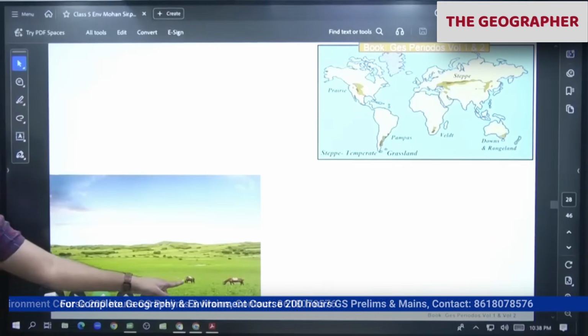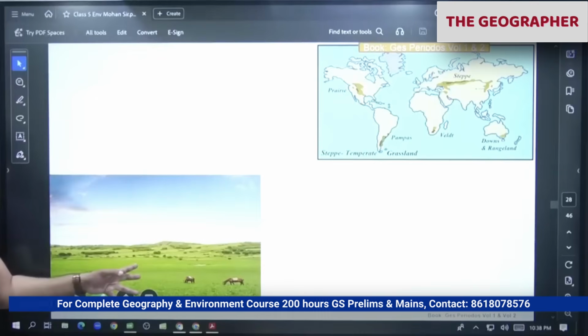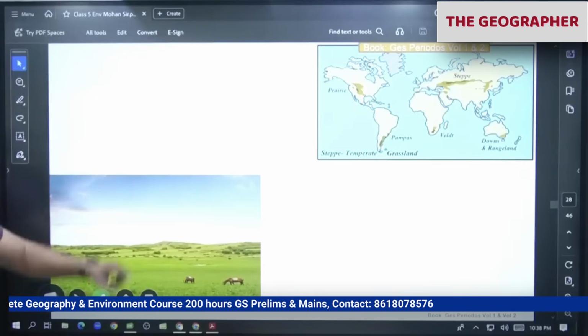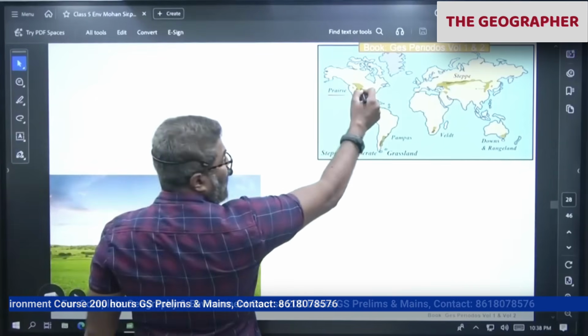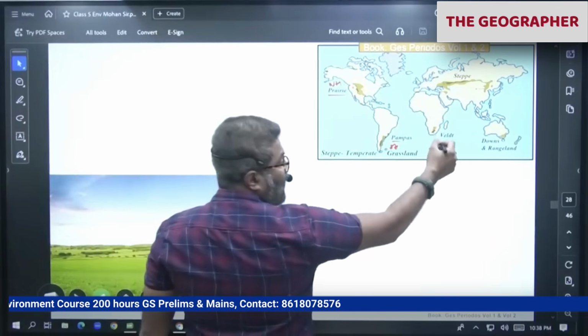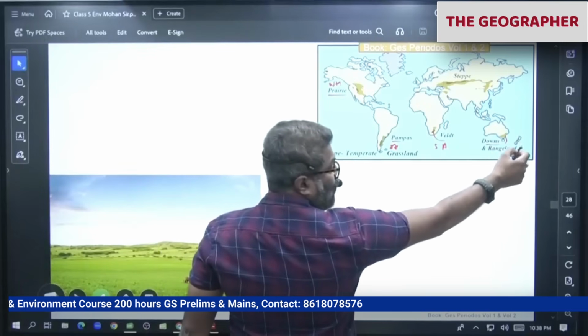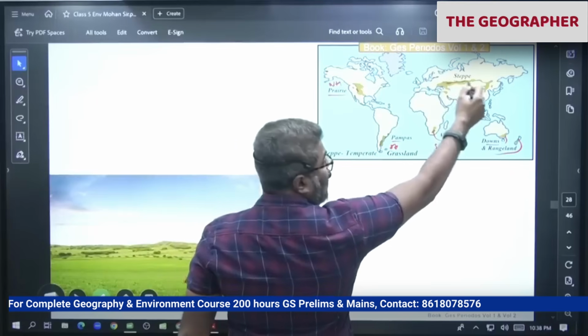You can see some horses grazing. Places like prairies in North America, Pampas in South America, Argentina, Veld in South Africa, Downs in Southern Australia, rangeland in New Zealand, and Steppes here.